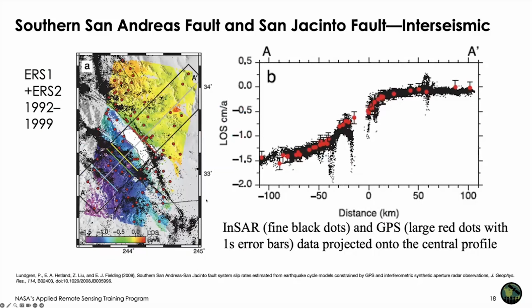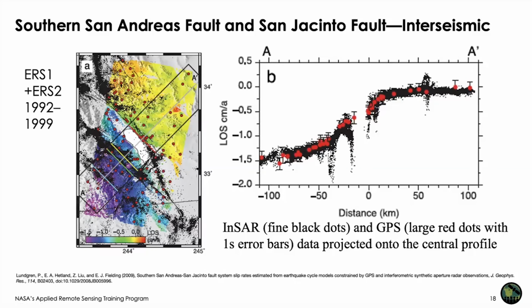This black line here is the border with Mexico, so this is the very southern edge of California. On the left here is the interferogram. It's actually not an interferogram. It's a velocity measured over some amount of time with time series analysis.